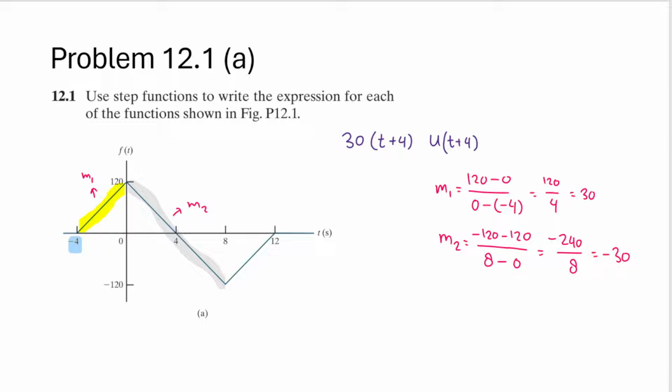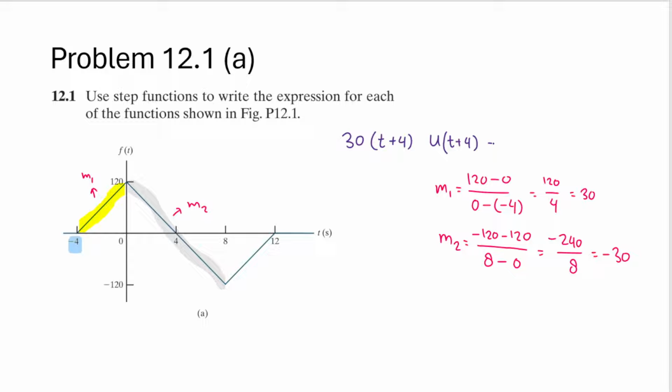Now this function here has a gradient of 30. We want the slope to be minus 30. So we need to subtract 60 from 30, right? 30 minus 60 is equal to minus 30.